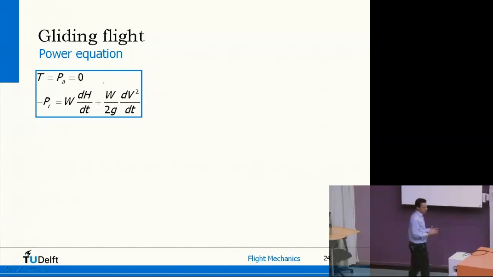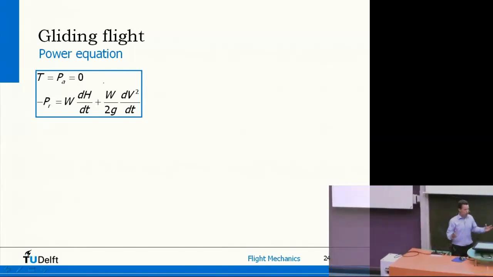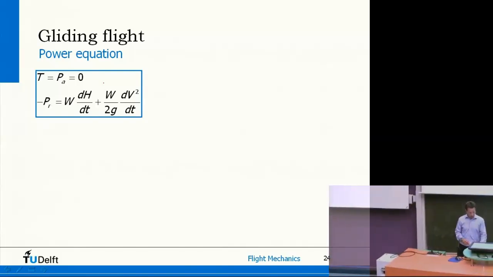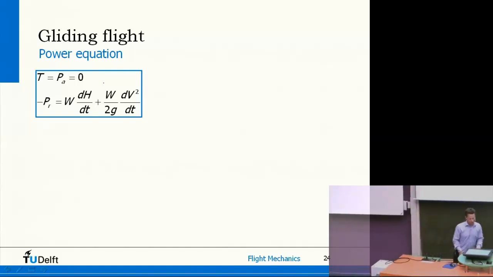Now the question is then, what can you do in case the engines have failed? What would happen if the pilot simply keeps on pulling the stick back in order to stay at the same flight level? If you do that, then altitude remains constant, simply because the pilot is pulling back the stick.